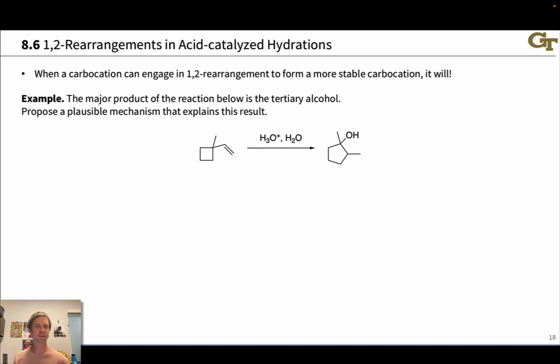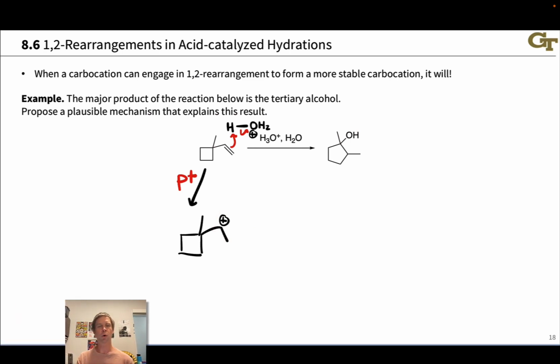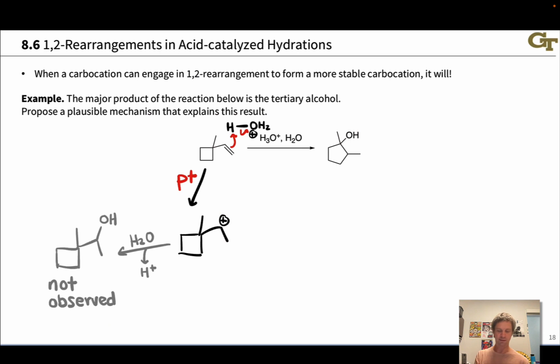So to explain this result, let's start with what we know to be the first step of this reaction, protonation of the alkene with Markovnikov selectivity, generating the more substituted, secondary in this case, carbocation. If that were attacked by water and then a proton were lost, that would give this secondary alcohol. This is not observed. The major product is over here.